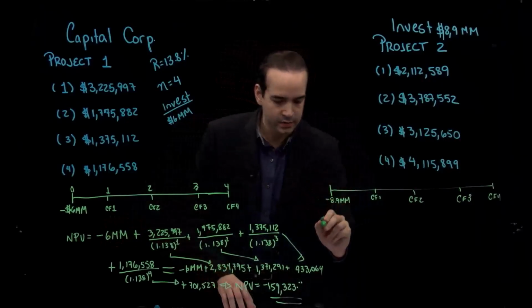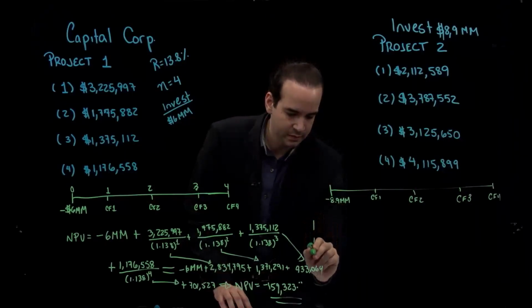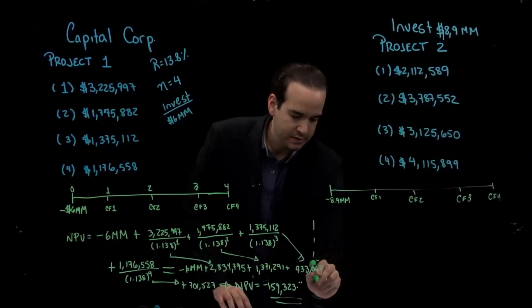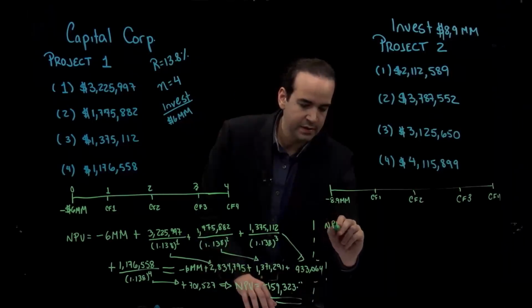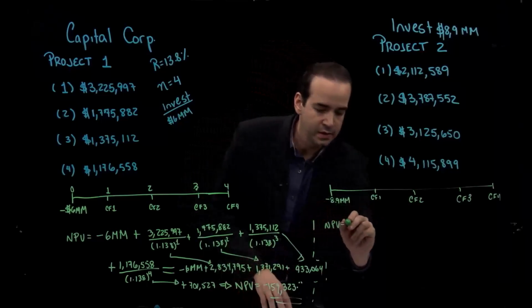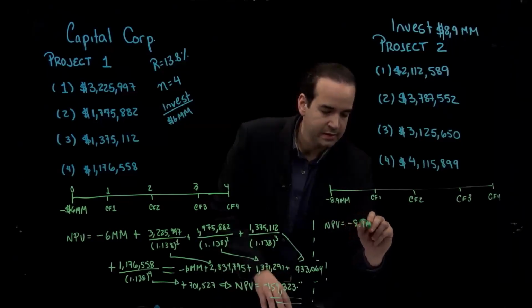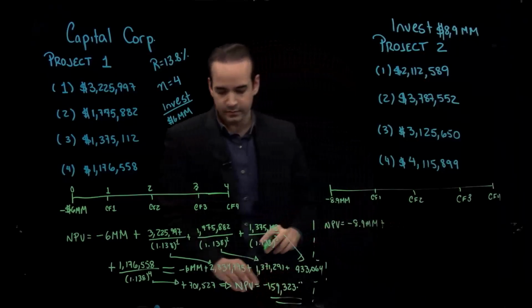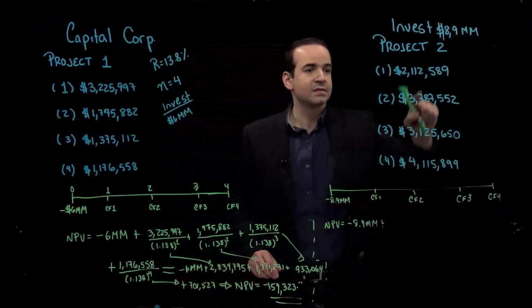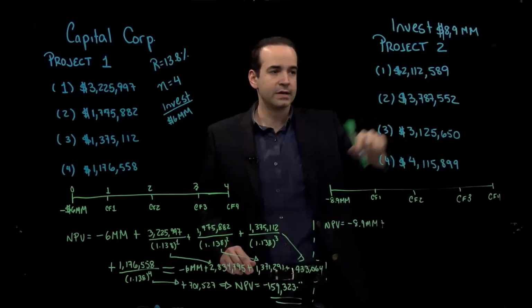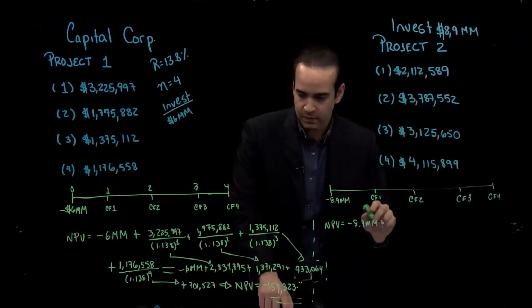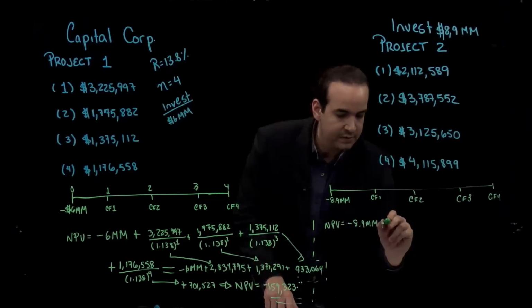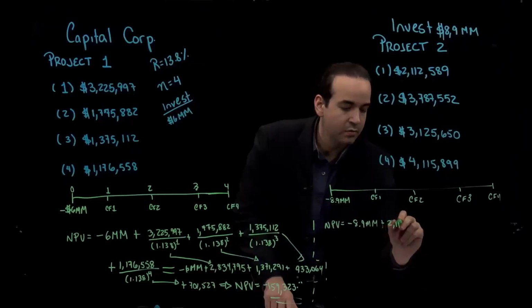And now the NPV, and I'm going to separate this thing here. So the NPV is simply, again, going to be, we first add the 8.9 million, and then we continue with cash flow 1, which is 2,112,589.